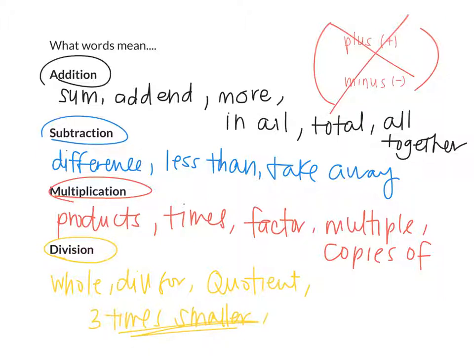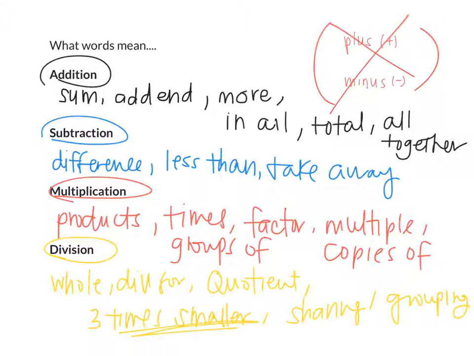Shobit. Sharing. Ooh, yeah, sharing or grouping. Grouping could also be multiplication, right? If I say 3 groups of, isn't that multiplying too? Yeah. Okay, so these words are important for you to know and remember because we are going to see them when we talk about numerical expressions.